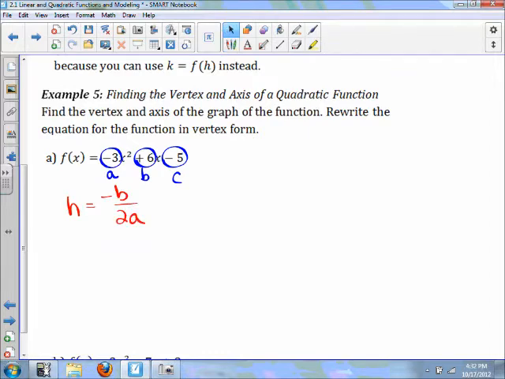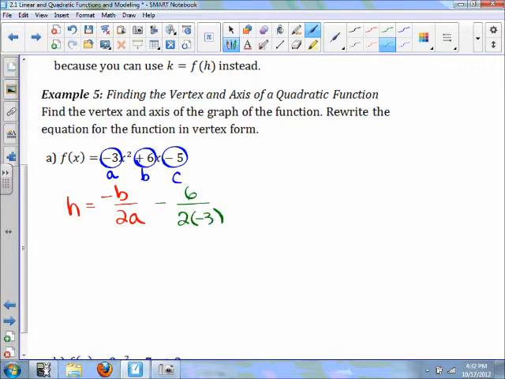Well, first we've got to write the function in vertex form. So, if we have to find negative b over 2a, we'll have negative 6 over 2 times negative 3. That will give us negative 6 over negative 6, which is 1.